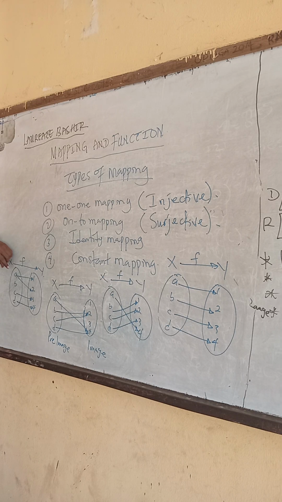But a single pre-image cannot produce different images. So this is not a mapping at all. Hope you are following. Please get the difference clear.